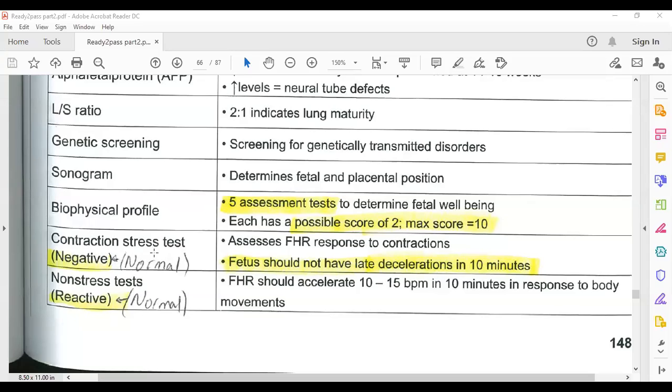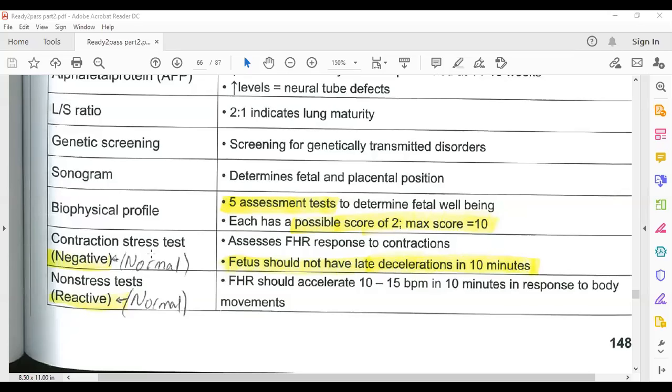The contraction stress test has some complications, like contraction leading to preterm baby.